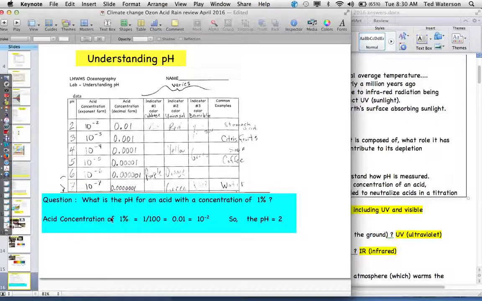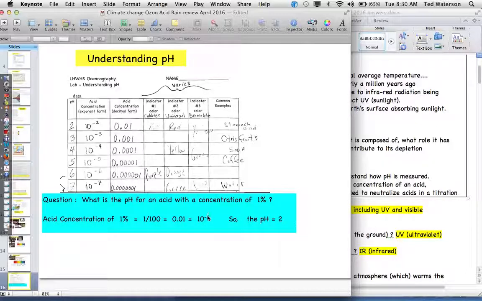So yeah, here's a great question. Let's just say this is a simple way to think of it. What if your water was 1% acid? Well, 1% is 1/100th. 1/100th, 1% is 0.01. 0.01 is the same thing as 10 to the minus 2.